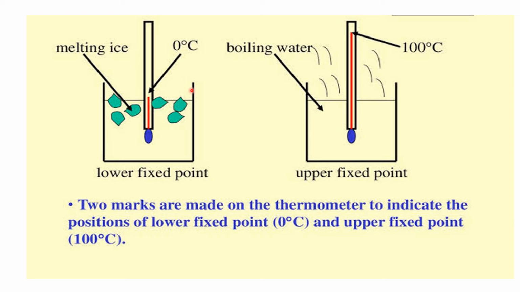The lower fixed point is 0 degree centigrade, that means melting ice. The upper fixed point is 100 degrees centigrade, that means boiling water. The boiling point of water is called 100 degrees centigrade, and the melting point of ice, where water starts to convert into ice, is called 0 degree centigrade.